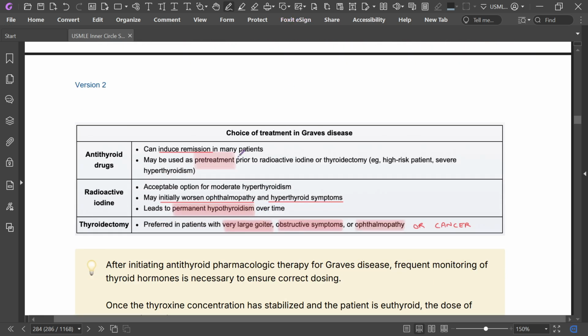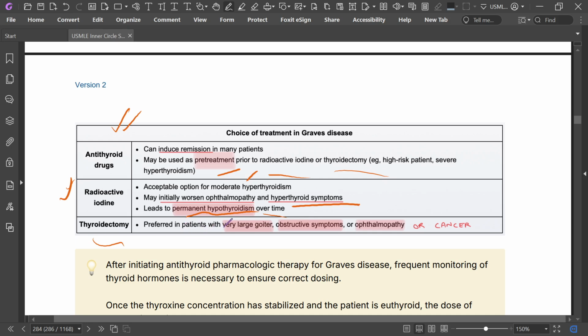Okay, and now Graves' disease. In Graves' disease, antithyroid drugs can induce remission in many patients, and may be used as pre-treatment prior to radioactive iodine or thyroidectomy. Radioactive iodine is an acceptable option for moderate hyperthyroidism, may initially worsen ophthalmopathy and hyperthyroid symptoms, and leads to permanent hypothyroidism over time.